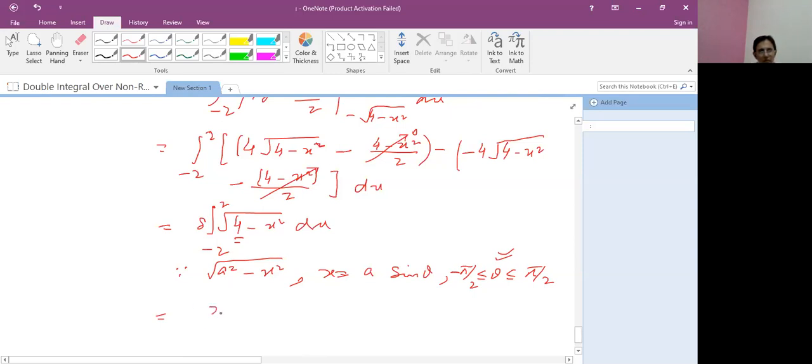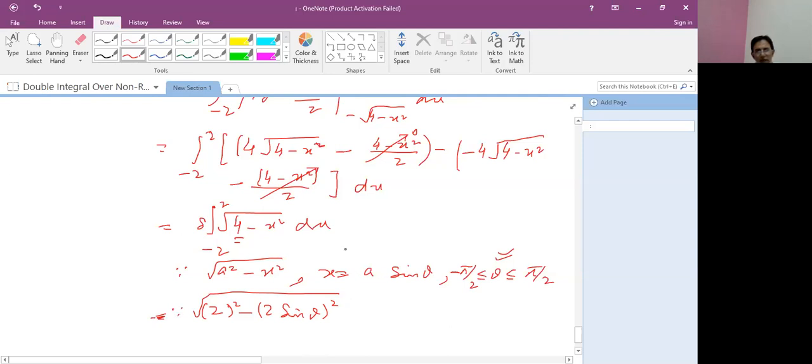A is 2, so 2 square minus x square, x is equals to a, it means 2 times of sin theta whole square in the square root. What is dx?